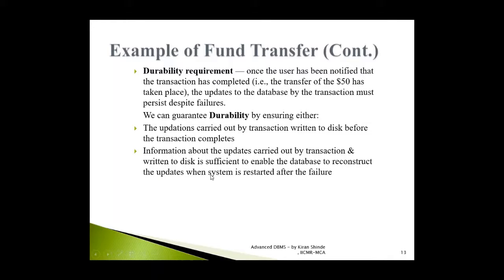Because information about the updates written to disk will be sufficient to enable the database to reconstruct the updates. And that is why it is important to preserve durability. The transaction has to write the updates into the disk. Of course, to handle durability, the recovery management component is used in the database management system.